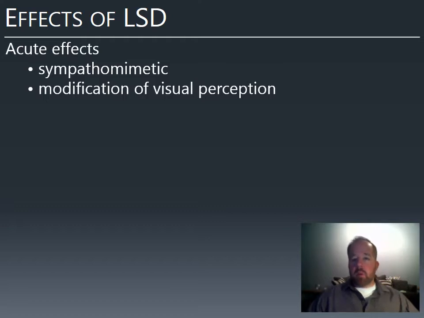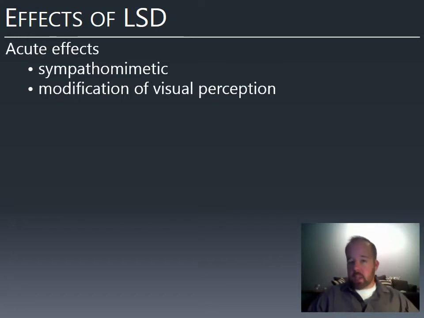The most notable cognitive effect is the modification of visual perception. These are called hallucinogens because, in sufficient doses, they will generate hallucinations. But the more common effect is just a modification of existing perception. So it's not a hallucination in the sense that it's something that's actually there.